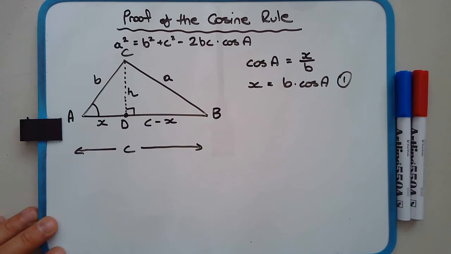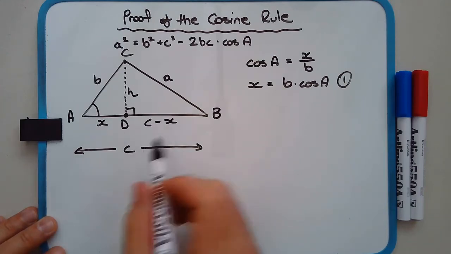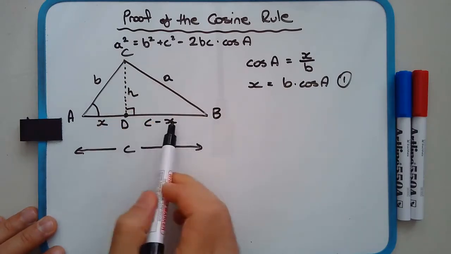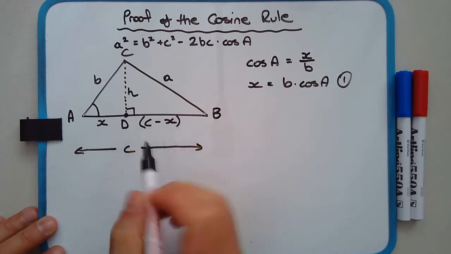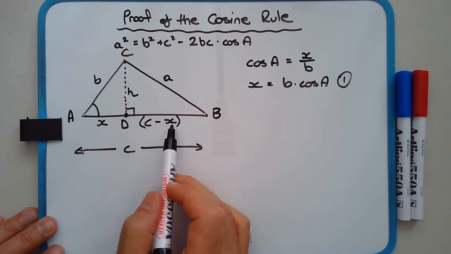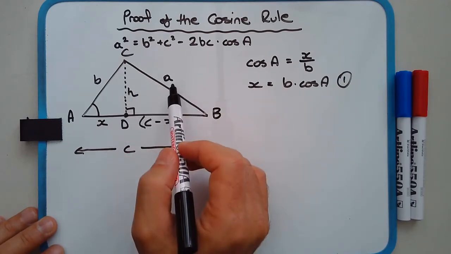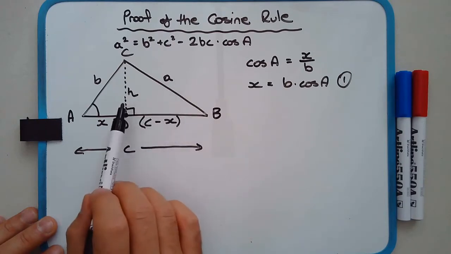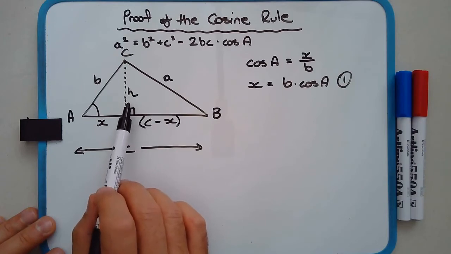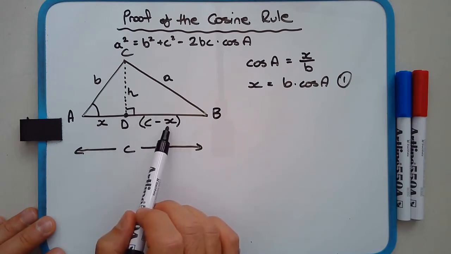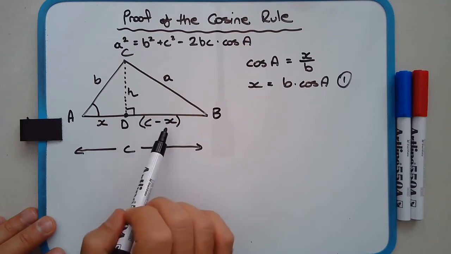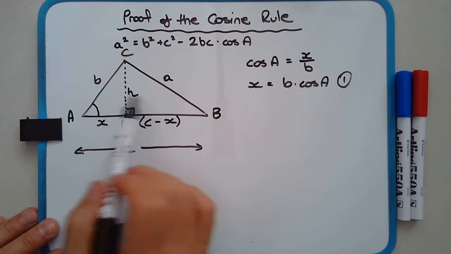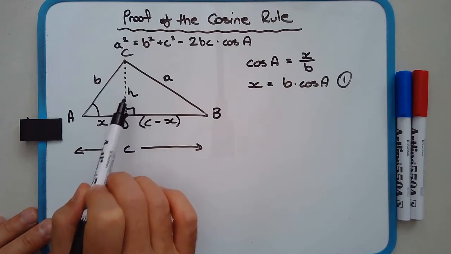Now, by Pythagoras' theorem, c minus x all squared plus h squared is equal to a squared. We can eliminate the x via equation number 1, and then hopefully we can come up with something that can eliminate the h.